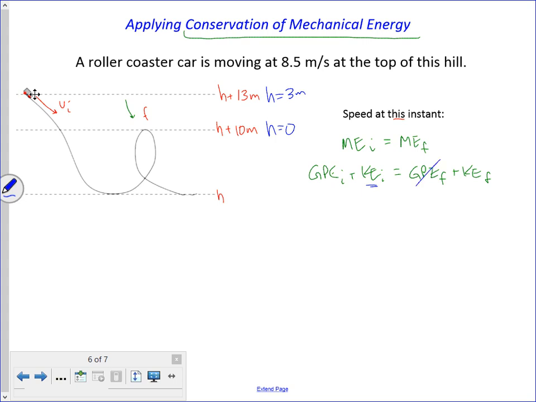However, we've chosen a nice final height, which makes our final GPE go away, and the rest stays. So now we can say this is mgh initial plus 1/2 mv initial squared equals 1/2 mv final squared.